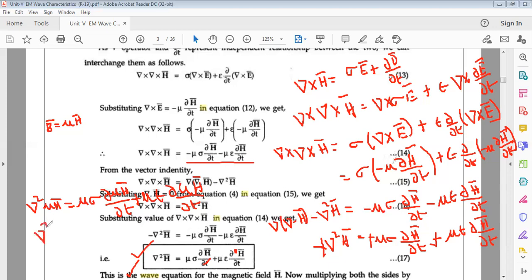So del square B bar is equal to mu sigma into dou B bar by dou T plus mu epsilon into dou B bar by dou T.